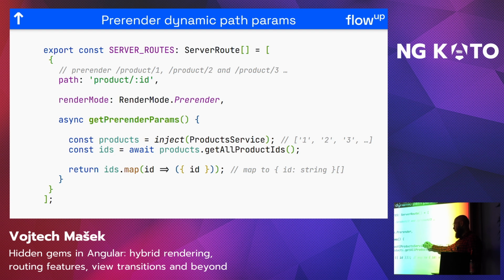So you inject the same service that Angular is using in the products list page, get all the product IDs, map them to the correct format, and return them with this function, and at this moment, the pre-rendering build step with your Angular CLI will actually know that these 1,000 pages need to be put into your dist, as they all need to be pre-rendered.